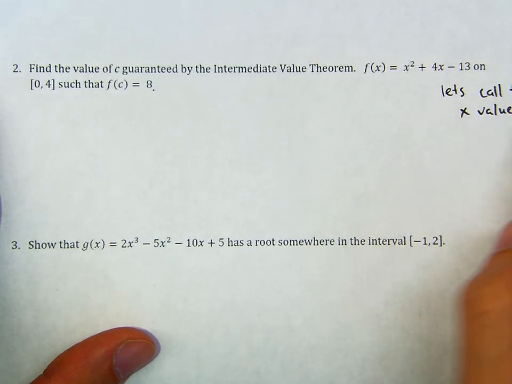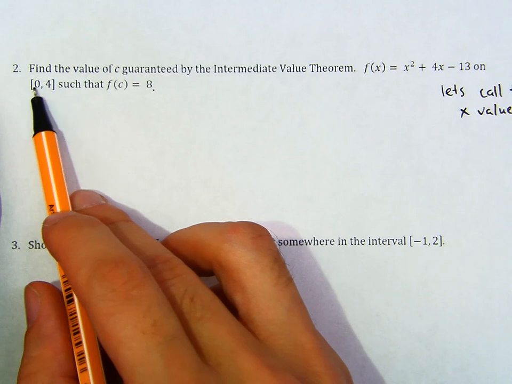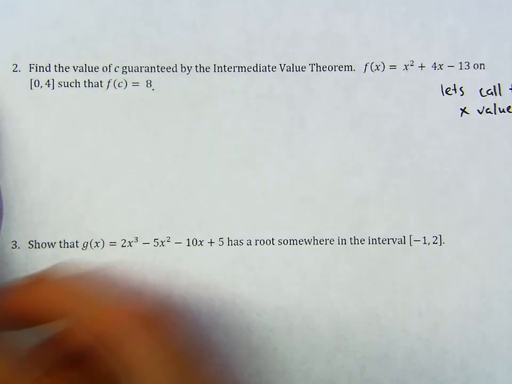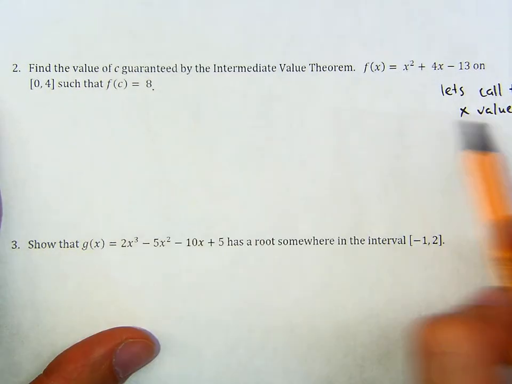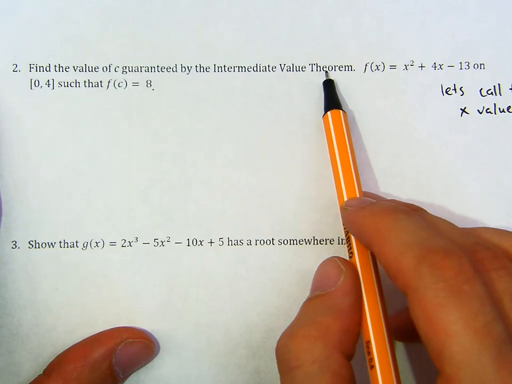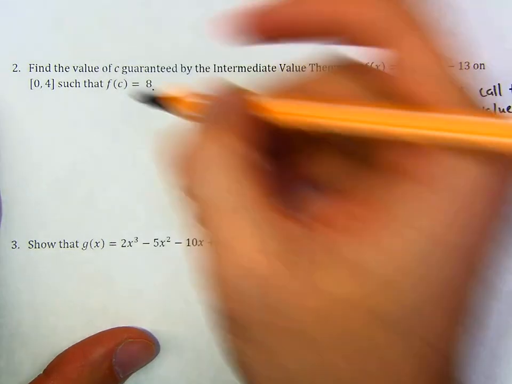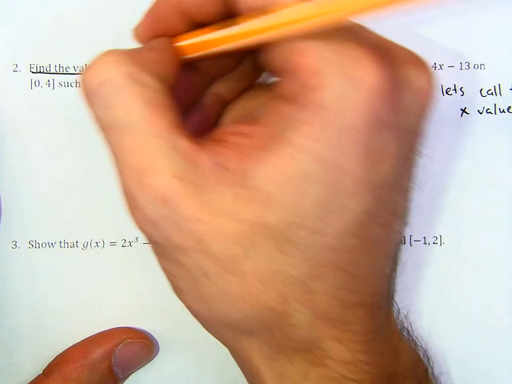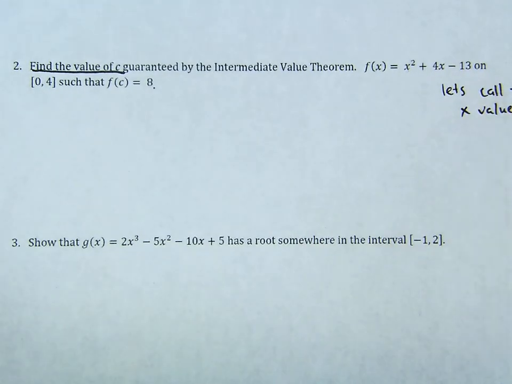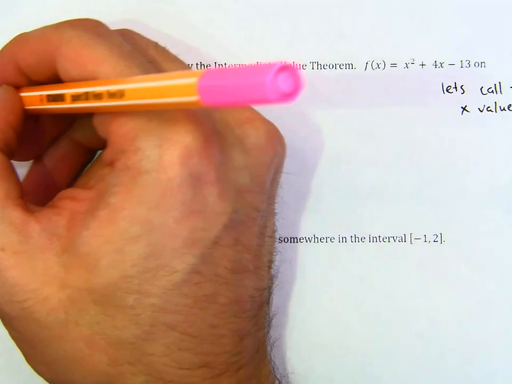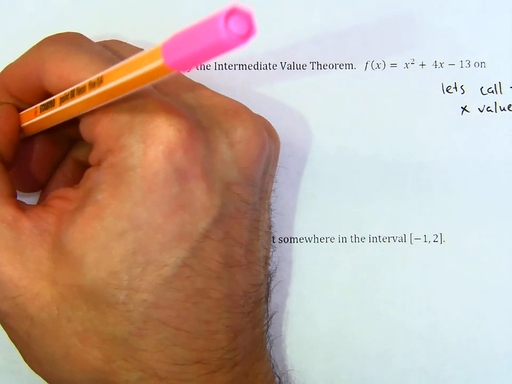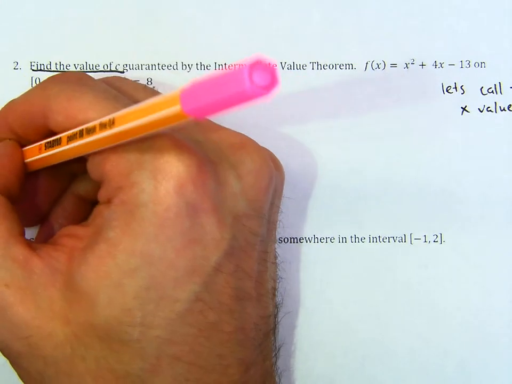That value of c, is there one between 0 and 4? That's the question, okay? So how do we use the intermediate value theorem to show that one must exist? And it's saying we have to find that value. Okay, so anytime you see the intermediate value theorem or you think to use it, always, always, always show the justifications, okay?